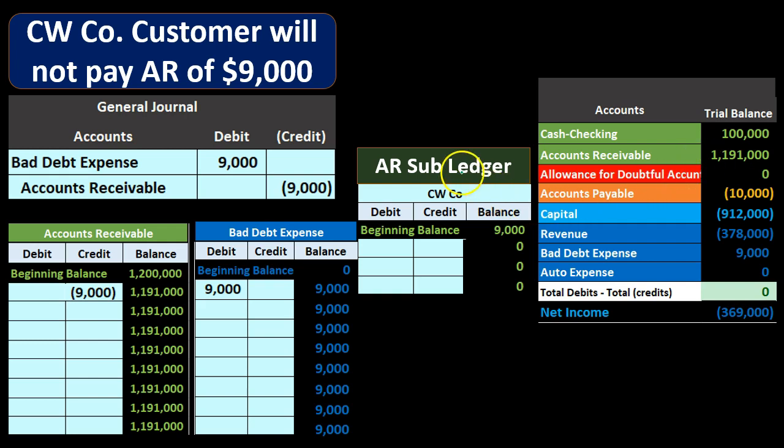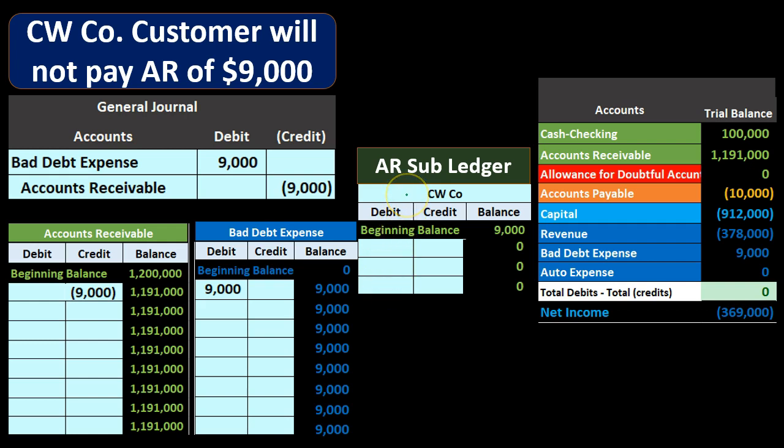We also need to record this to the accounts receivable subsidiary ledger. So we know that CW is the individual that didn't pay us. We note that the accounts receivable over here on the trial balance and here on the general ledger show who owes us money, how much is owed to us. The GL gives us detail, but only by date. The subsidiary ledger would then give us detail about who owes us this money.